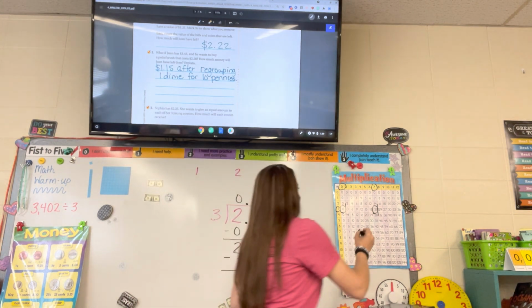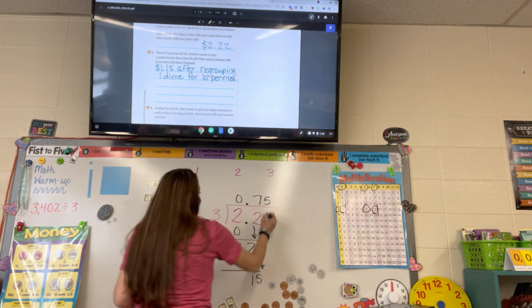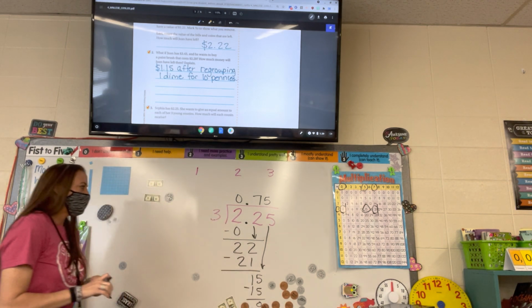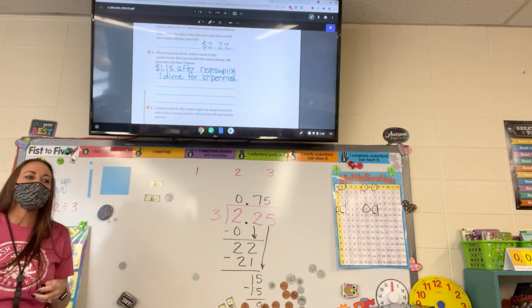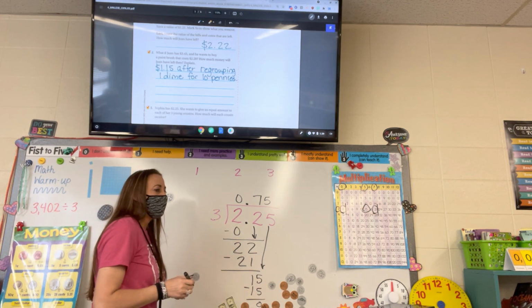Head back to the 3 row, look for 15, there it is, go up. 5 on top, 15 down below. 15 minus 15 is 0. So how much does each girl get, Sonia? How much does each girl get?